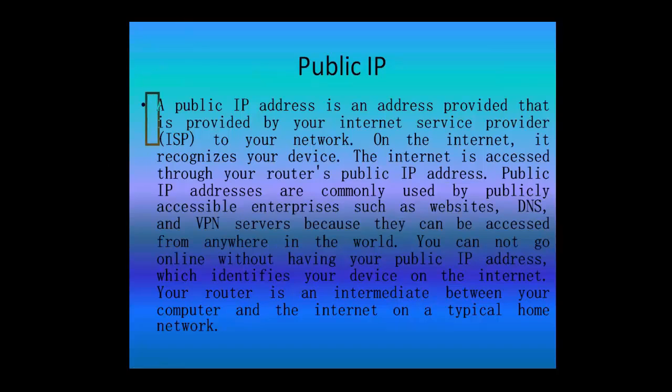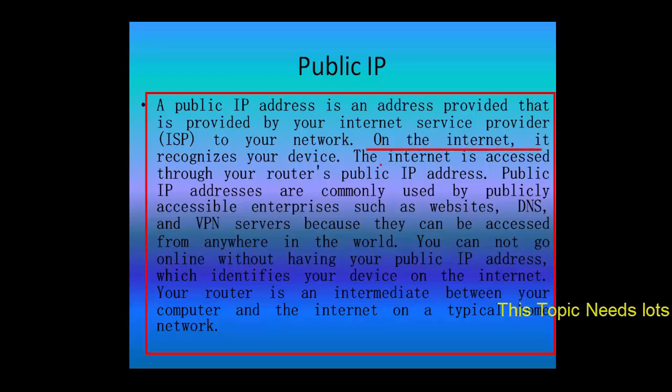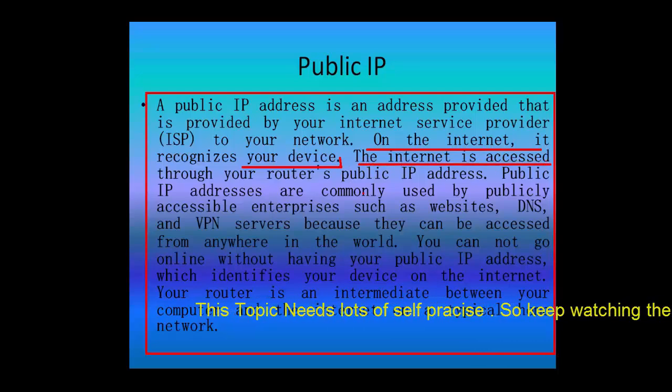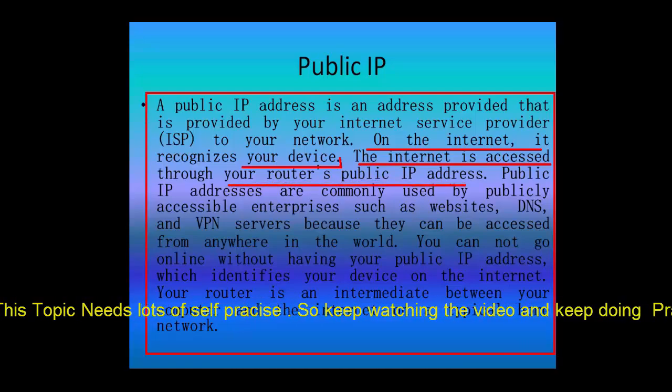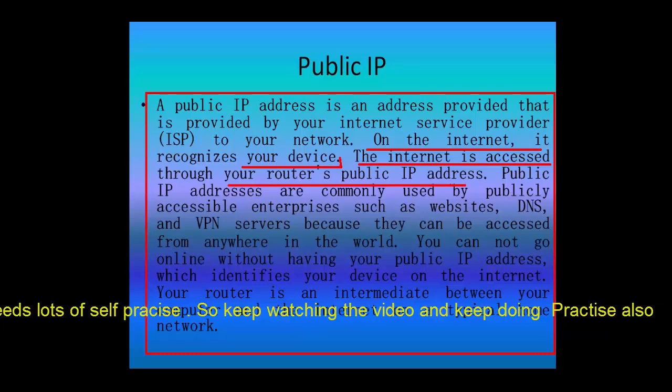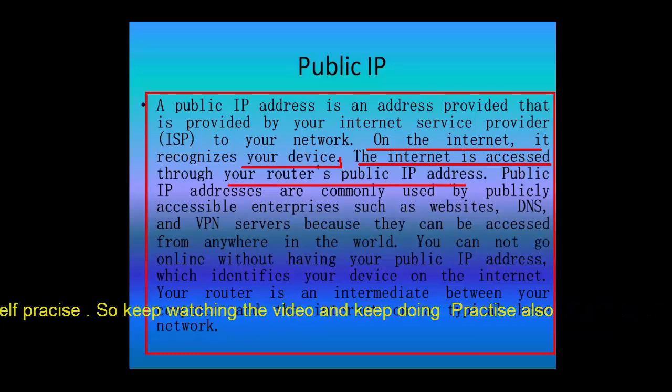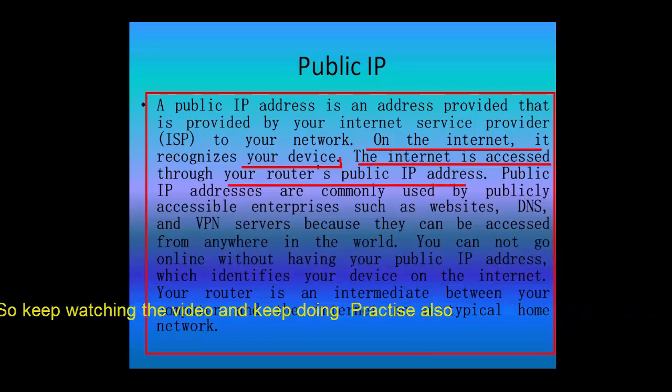A public IP address is an address provided by the ISP from which you take the internet connection. On the internet, it recognizes your device. The internet is accessed through your router's public IP address. So you must have one public IP address from your ISP to access the internet.